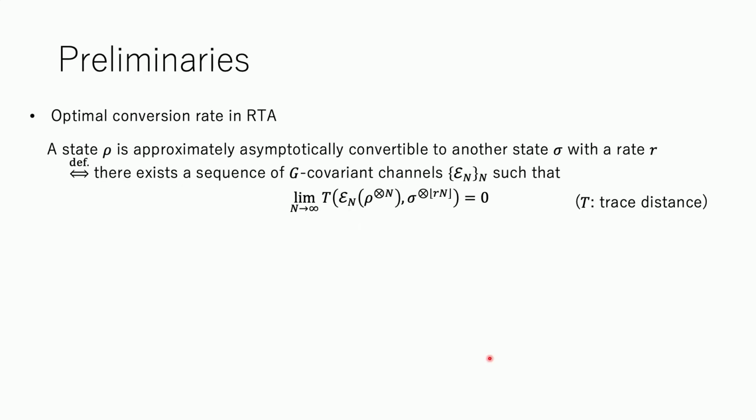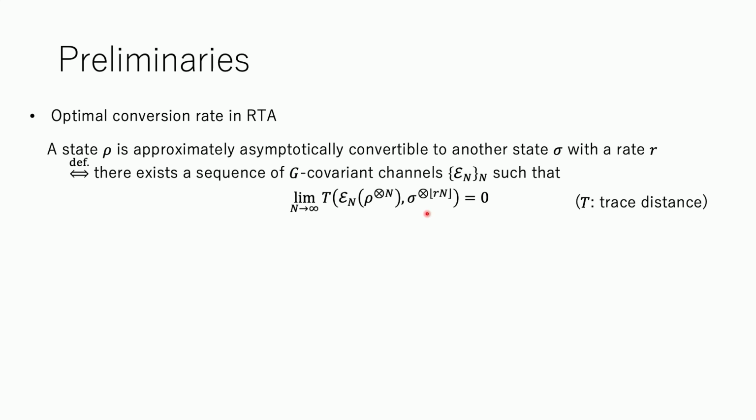In order to explain our result properly, let me introduce a few terminologies and notations. The central quantity we're going to investigate is the optimal conversion rate. We say that a state rho is approximately asymptotically convertible to another state sigma with a rate R if there exists a sequence of G-covariant channels which maps i.i.d. copies of state rho to i.i.d. copies of sigma with a vanishing error.